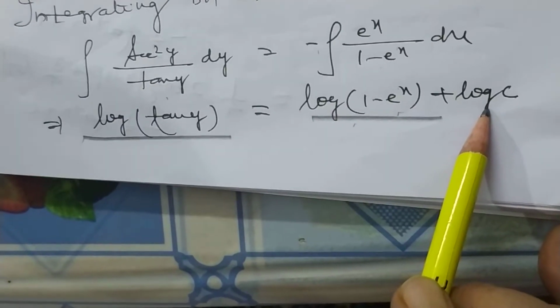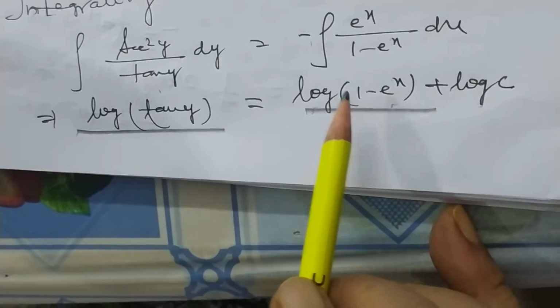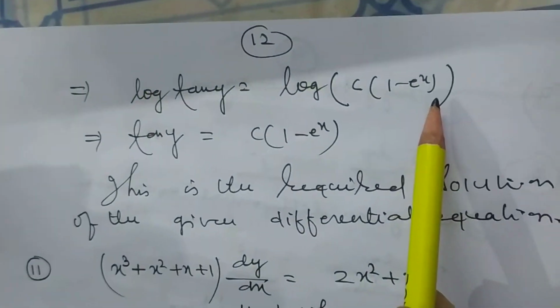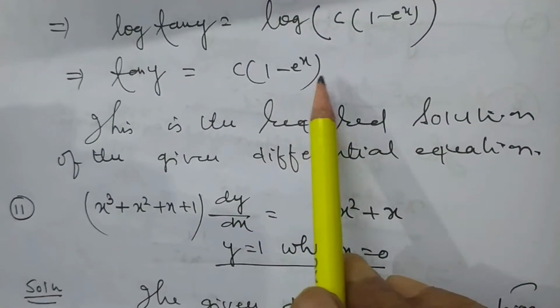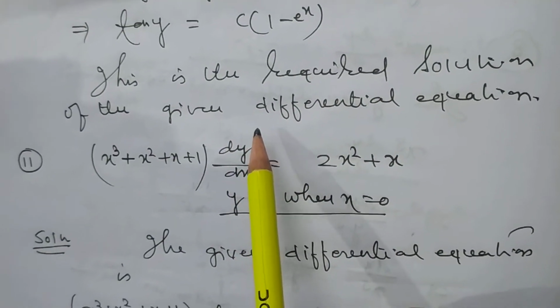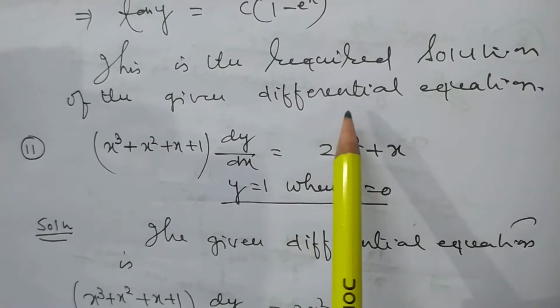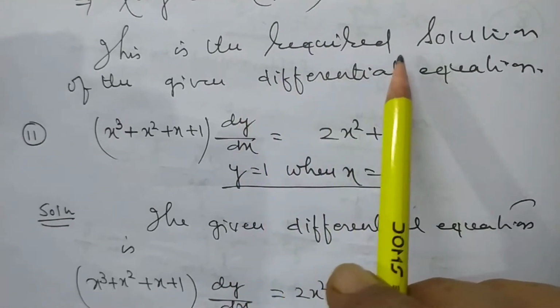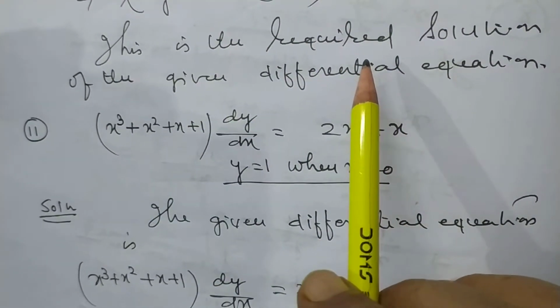So it is log c into 1 minus e to the power x. So tan y is equal to c into 1 minus e to the power x. This is the required solution of the given differential equation.